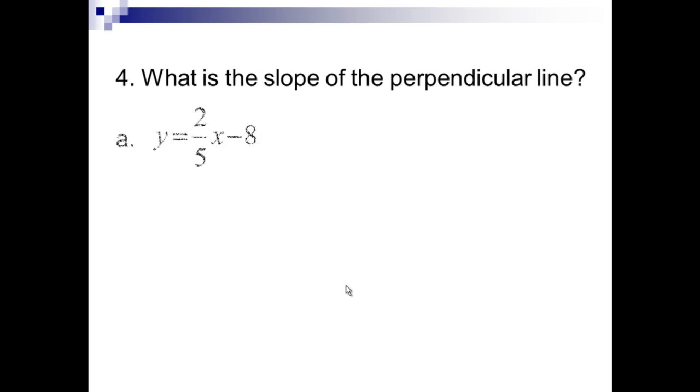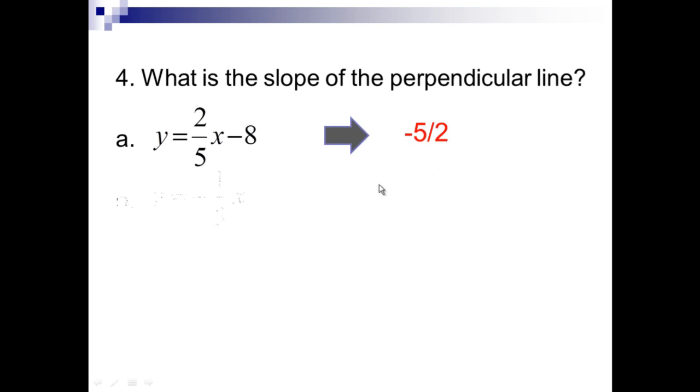Number 4. What is the slope of the perpendicular line? Slope is the same as gradient. A. The slope of the perpendicular line is negative 5/2. Because if we multiply 2/5 and negative 5/2, the result is negative 1.